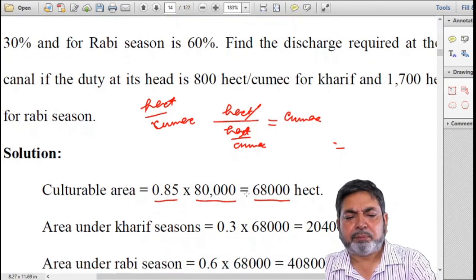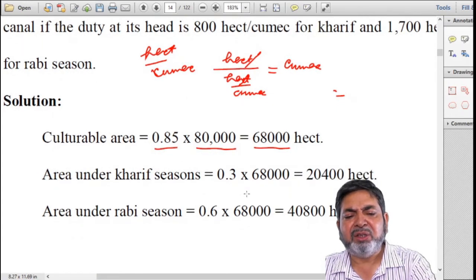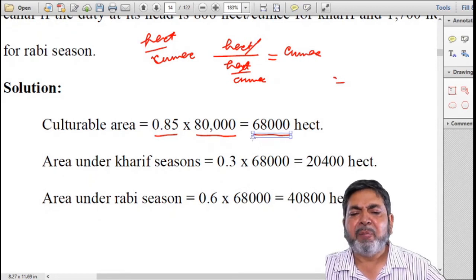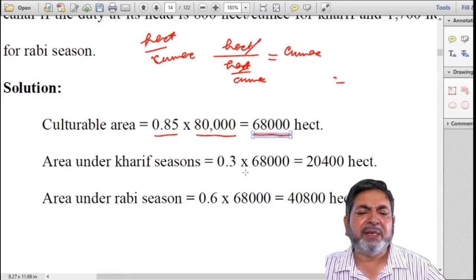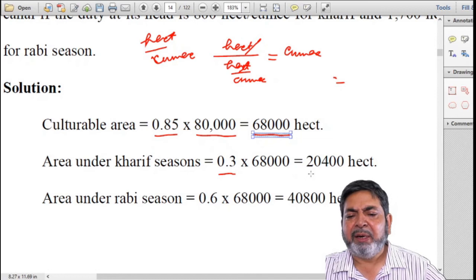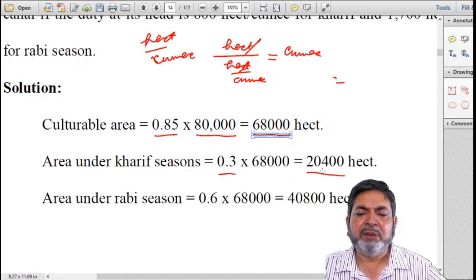Now after this, as you have been given the intensity of irrigation for Kharif season, it means out of this CCA, 30% of land is being used for Kharif season. So this 68,000 will be multiplied by 0.3 to calculate the 30%, and here you have got the area under Kharif season, meaning this much area will be used for cultivation in Kharif season.